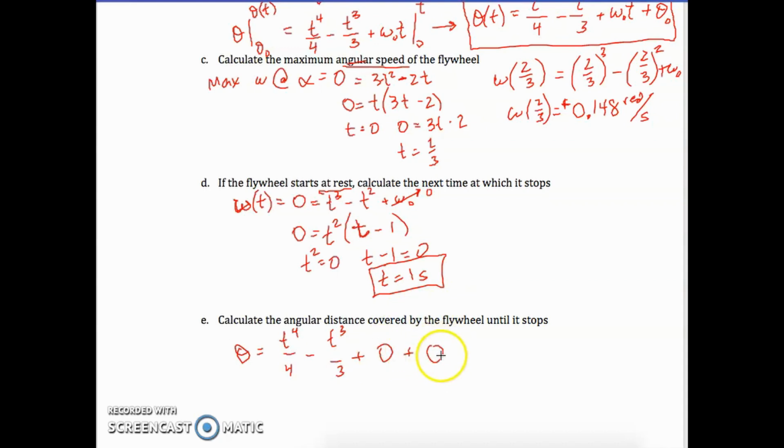So wherever it started, we don't really care. What we care is how far did it go away from that point. So we can set this equal to 0 as well, because all we're doing is measuring how far away from that point. And now we're going to plug in 1 second. So theta at 1 second is going to be 1/4 minus 1/3. That's equal to 1/12 of a radian. In decimal form, 0.083 radians.